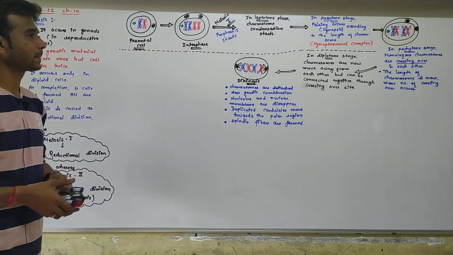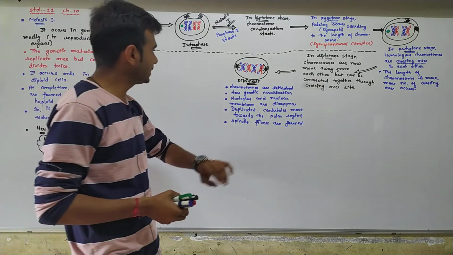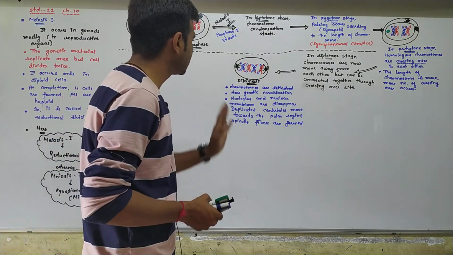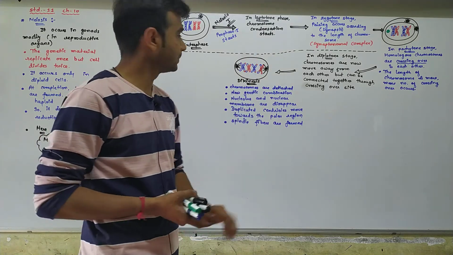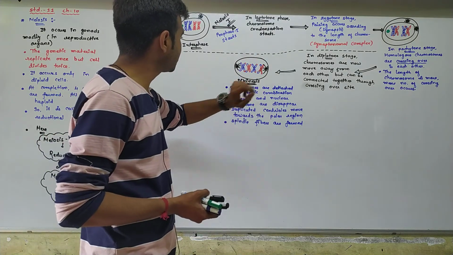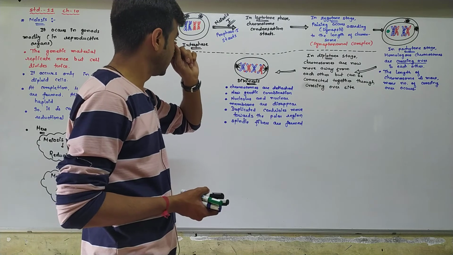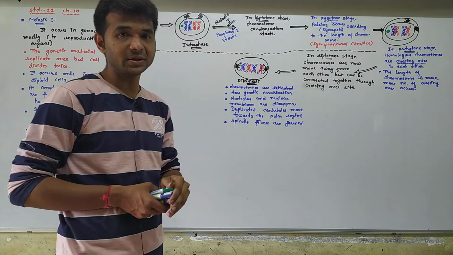Okay, so here see that the nuclear membrane disappears, the nucleolus disappears, new genetic variation comes, fine.